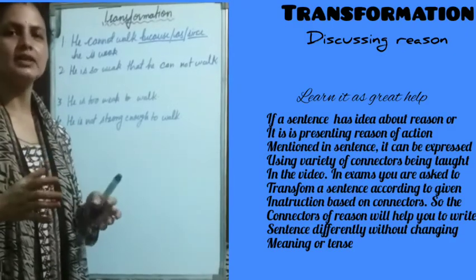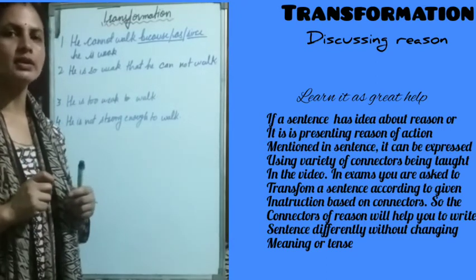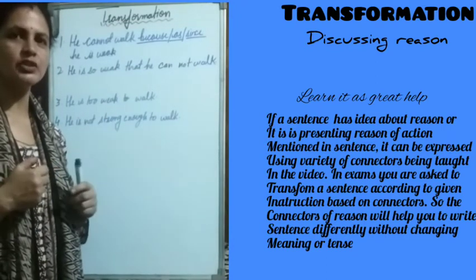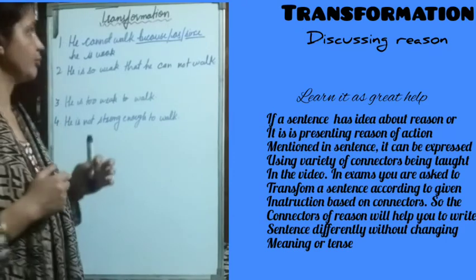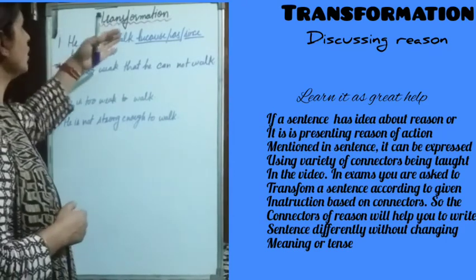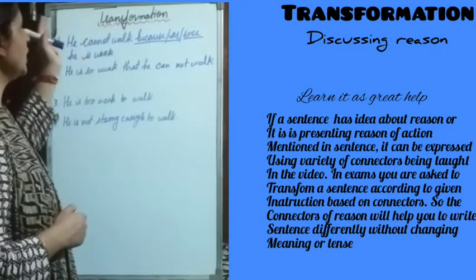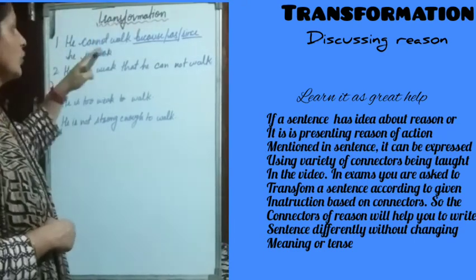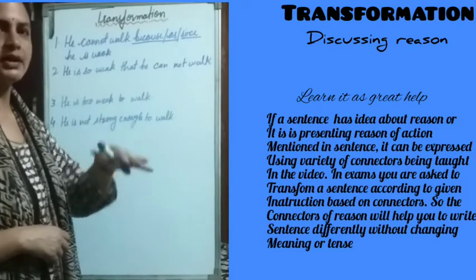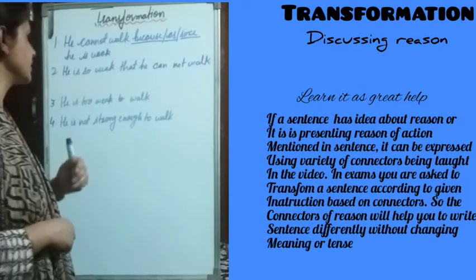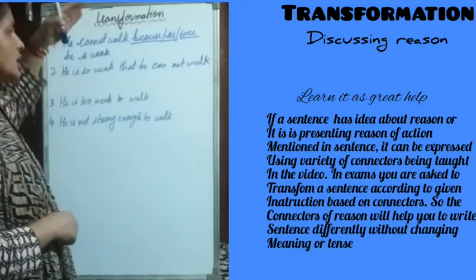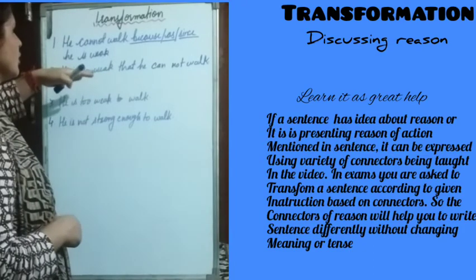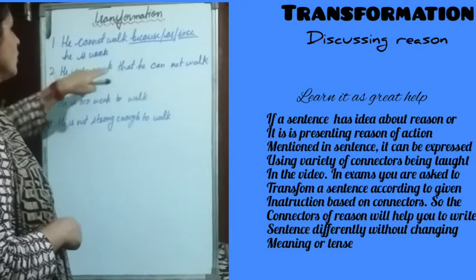For better understanding, let us discuss one more example of transformation expressing the idea of reason. He cannot walk because he is weak. He cannot walk as he is weak. He cannot walk since he is weak. So these connectors are expressing the idea of reason. Now let us transform the same sentence using another connector, that is so that.